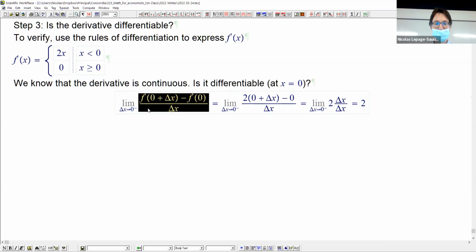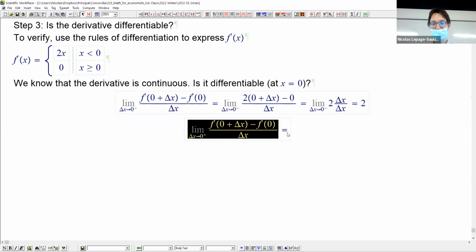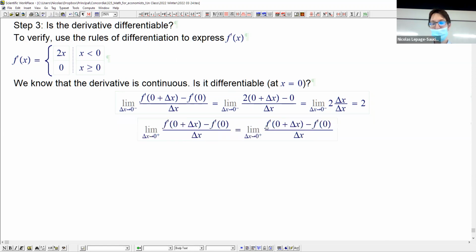And now let's take the limit on the other side. This is the same thing that I had before. So it's going to be equal to f prime of 0 plus delta x, which is going to be 0.